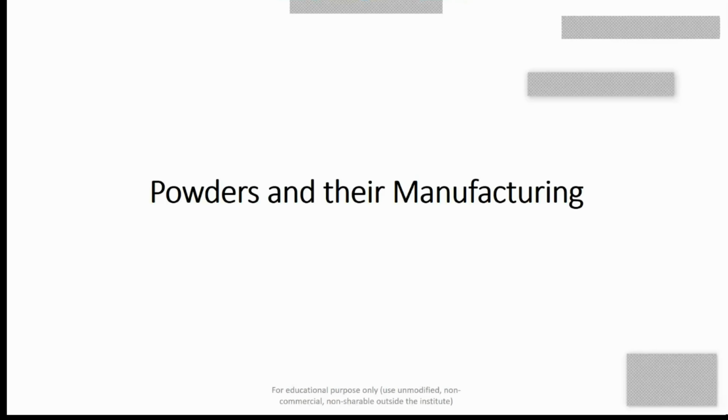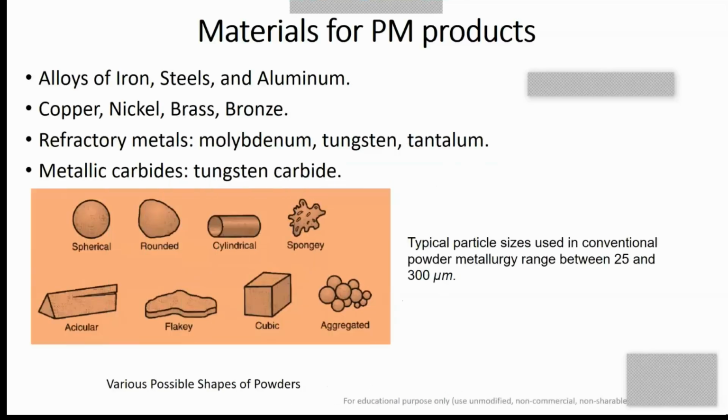It can be of any metal, any alloy, any ceramic, and a combination of metal and ceramic, which is basically your cermet or composite composition. What are the various materials of powder metallurgy products? Which means the powders of different materials.